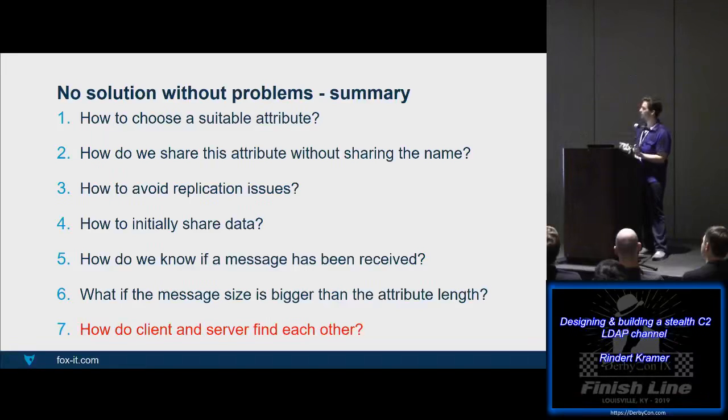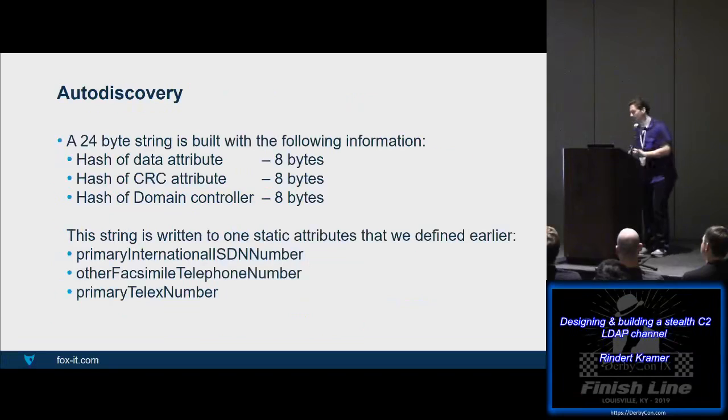But how do client and server independently find each other? A 24-byte string is built with the information of the hash of the data attribute, the hash of the CRC attribute, and the hash of the domain controller. And that hash is written to one of the static placeholder attributes that we defined earlier.